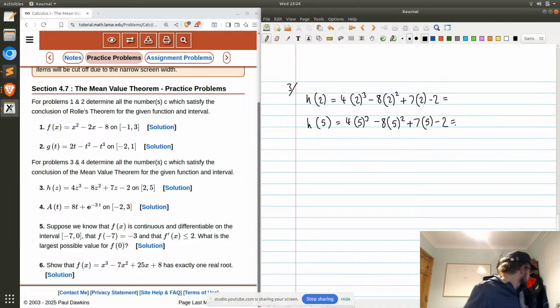Now, given my energy supplies, it would be better if I use the calculator. 4 times 2 cubed. Take 8 times 2 squared plus 7 times 2, and then take away 2. And we get 12.